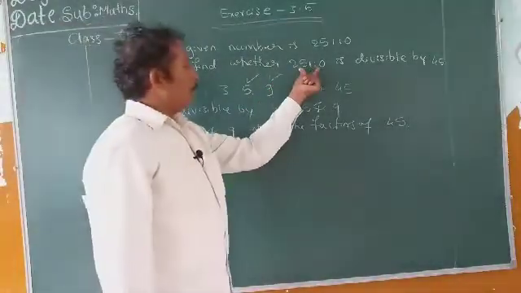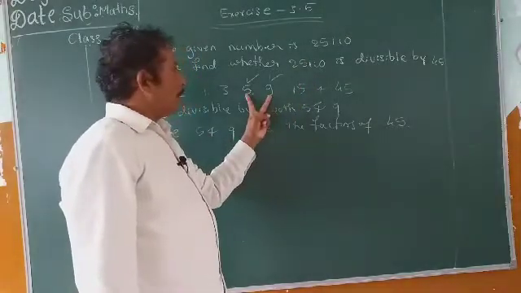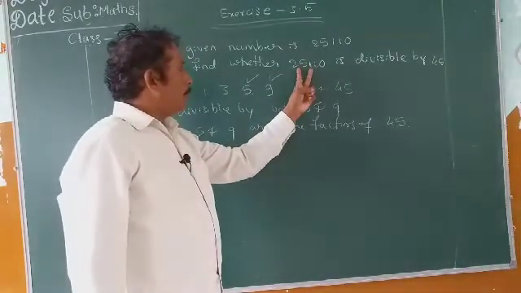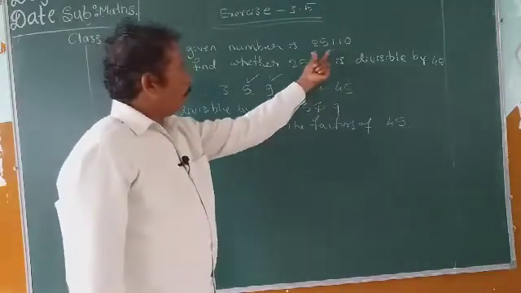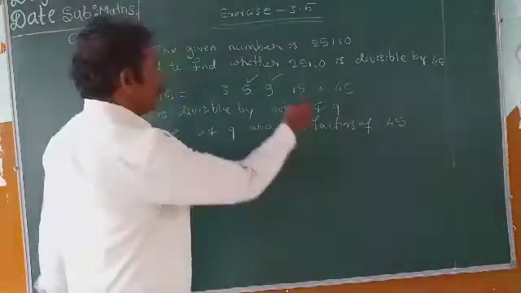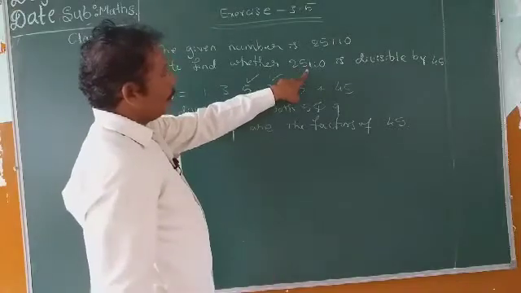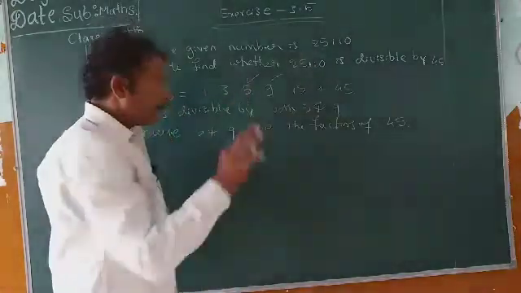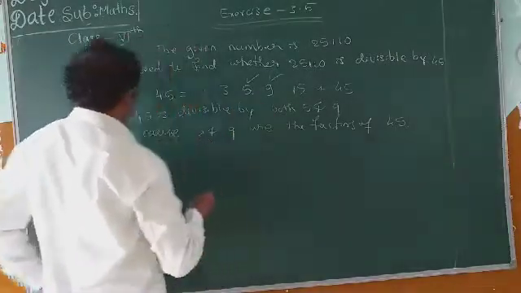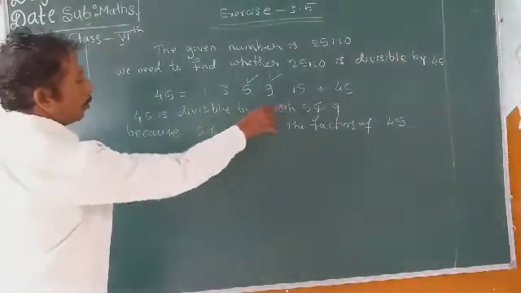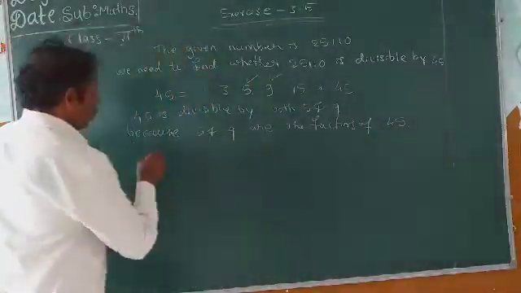If a number is divisible by two numbers, then the same number will be divisible by the product of those two numbers. Now 25,110 is divisible by both 5 and 9. Therefore, the number 25,110 must be divisible by the product of 5 and 9.